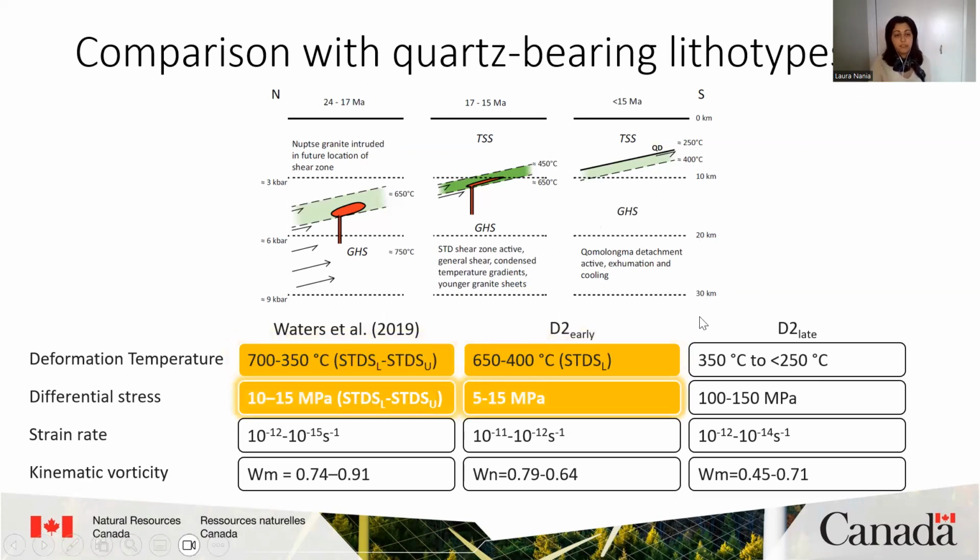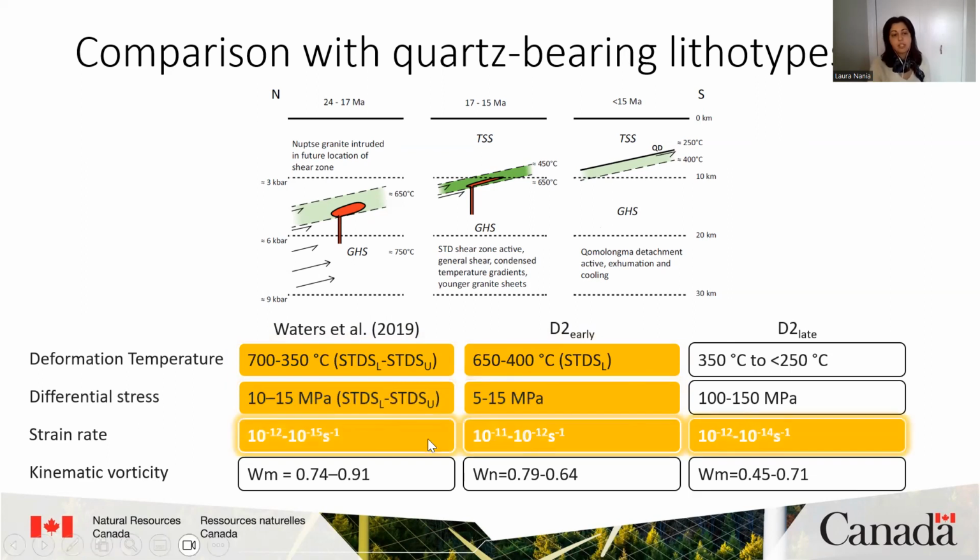We can compare the differential stress. Our differential stress for the D2 early analyzed from carbonate is really similar to what was obtained for quartz in the lower mylonitic zone. And they are one order of magnitude lower than what was estimated by twinning. Then we have the strain rate, which almost falls in the same range of natural strain rate.